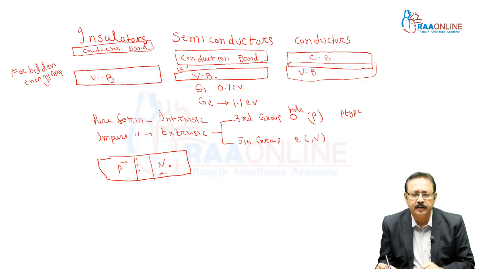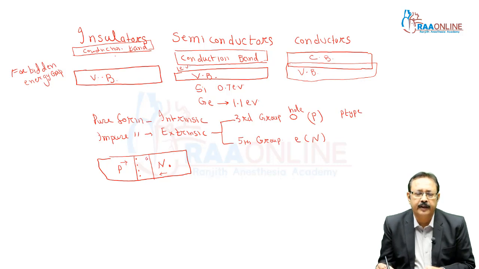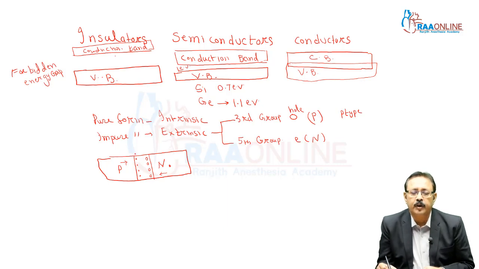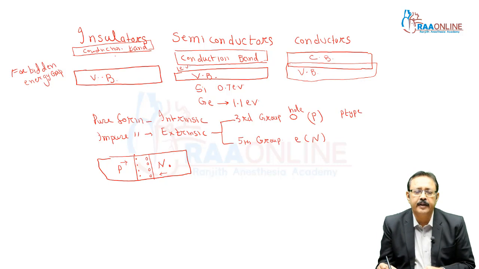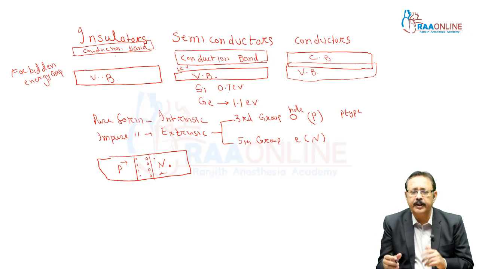The electrons which did not meet with holes will cross. And now what will they do? They will repel the electrons which are coming behind them, and the holes which cross this portion, they are here, and they will repel the holes which are coming behind them. So it means one barrier is formed between the two types of impurities.